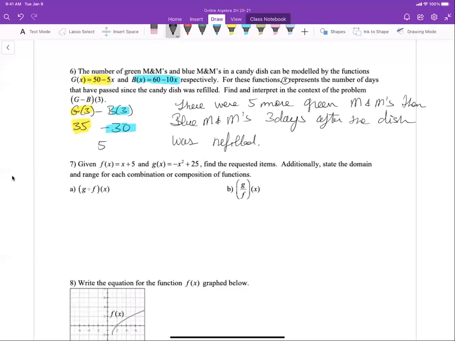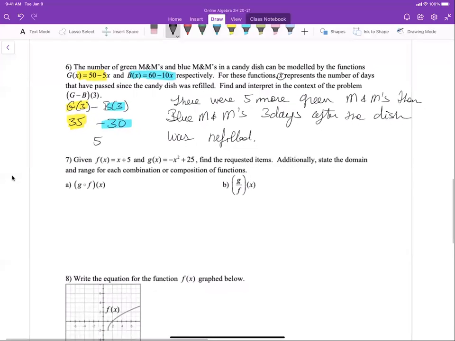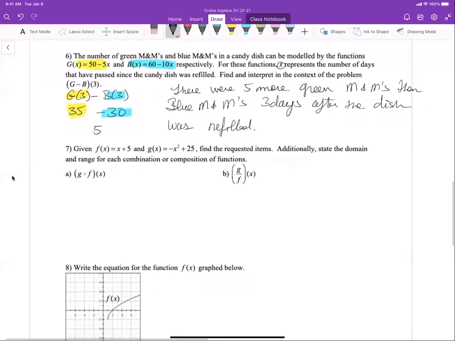Now it's important you remember the 3 days because it wasn't the next day, it's not the same. So the 3 matters, okay? So that's how you would answer that.